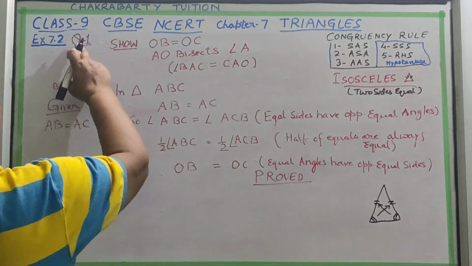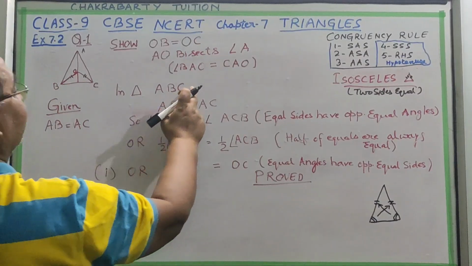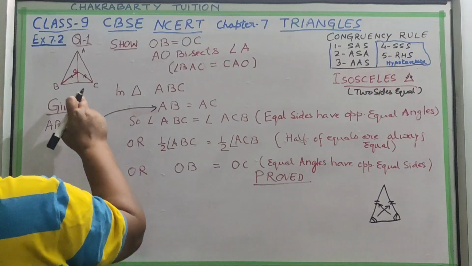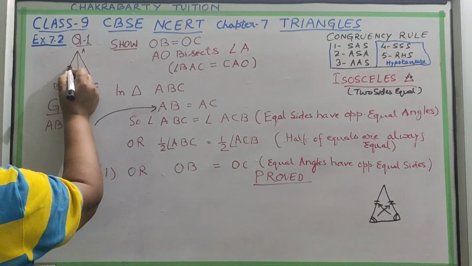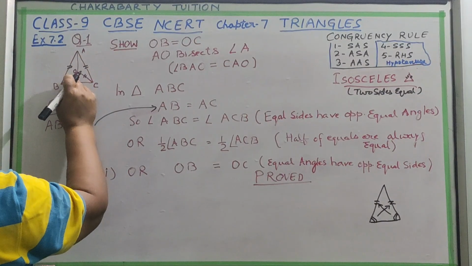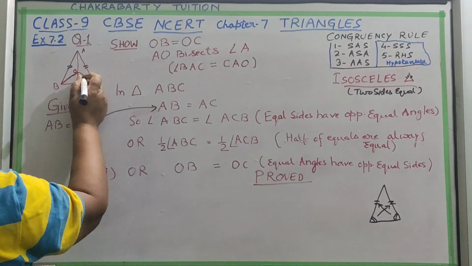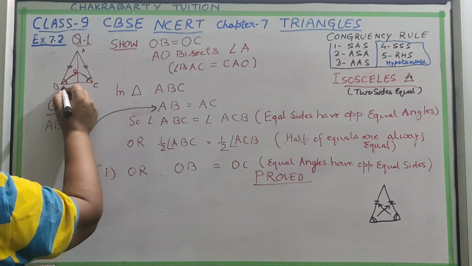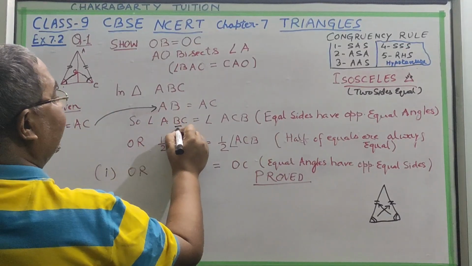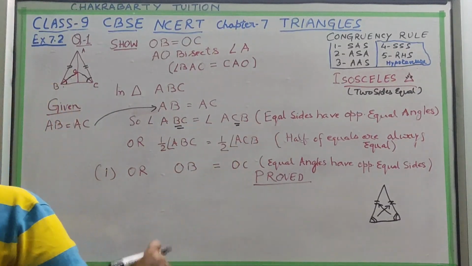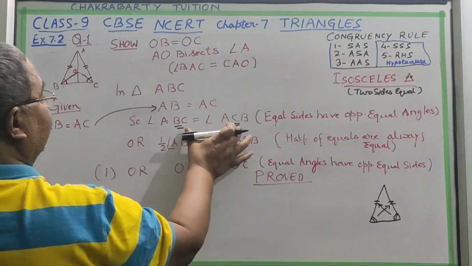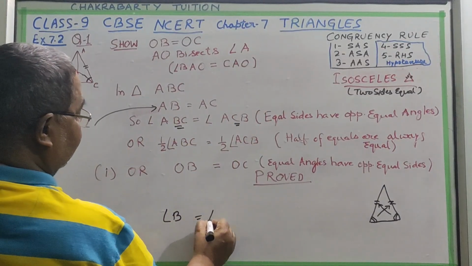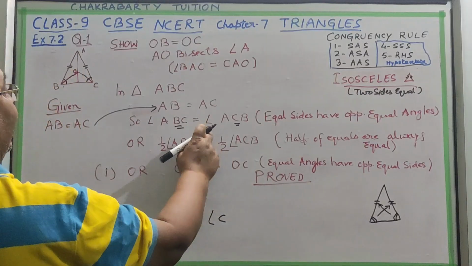So what we have done, we have taken first the full triangle. In the triangle, AB and AC are equal, it is given. Okay, so if the AB line and AC line are equal, it means angle B and angle C will also be equal. Angle names we write with 3 letters, or we write it like this: angle B is equal to angle C, you can also write.